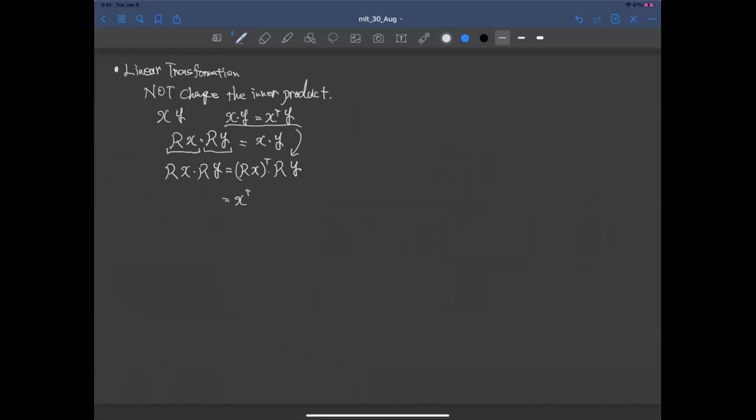Then again, this is the identity matrix. That's why it's the inner product of X and Y. Also, it doesn't change the norm of the vector.